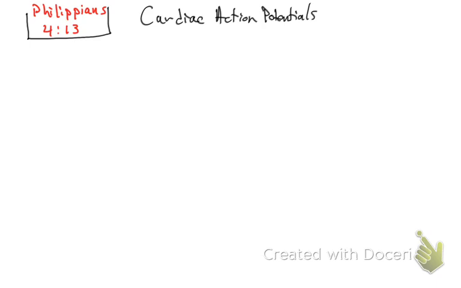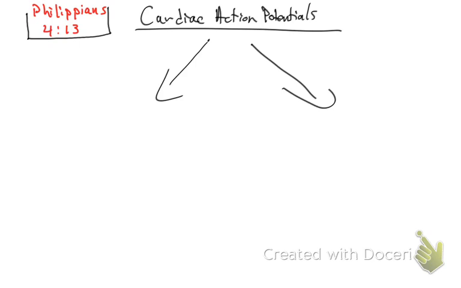Okay, so cardiac action potentials. For the action potentials, we're going to see that there are two. One is called the pacemaker action potential, and then the other one is the non-pacemaker action potential.